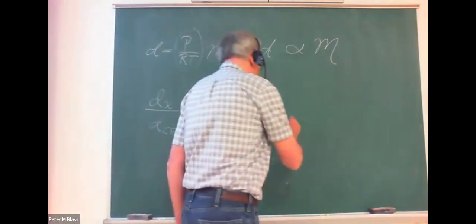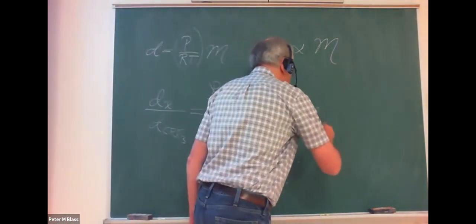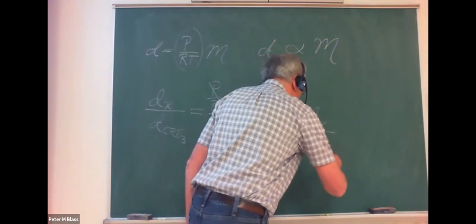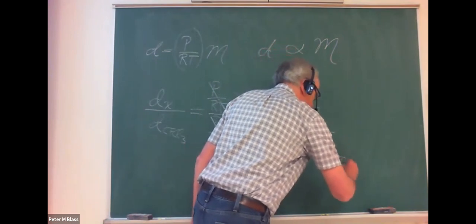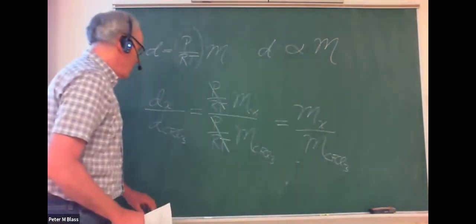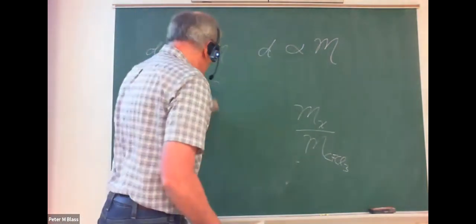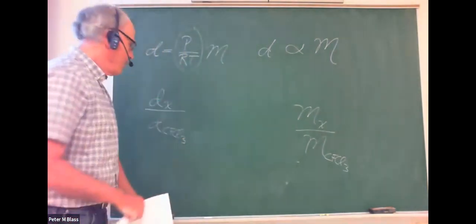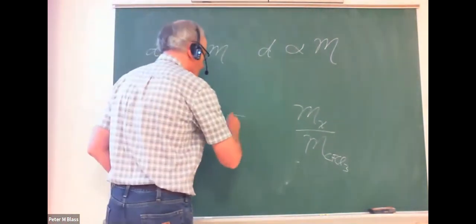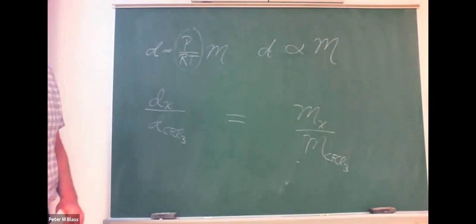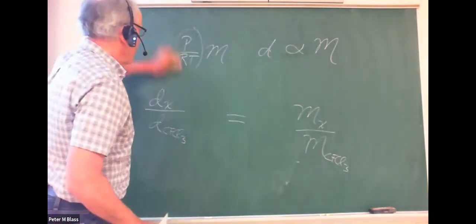All you really have is the molar mass of X and the molar mass of CFCl3. So that's the equation I want. These two ratios are the same because those quantities are proportional.